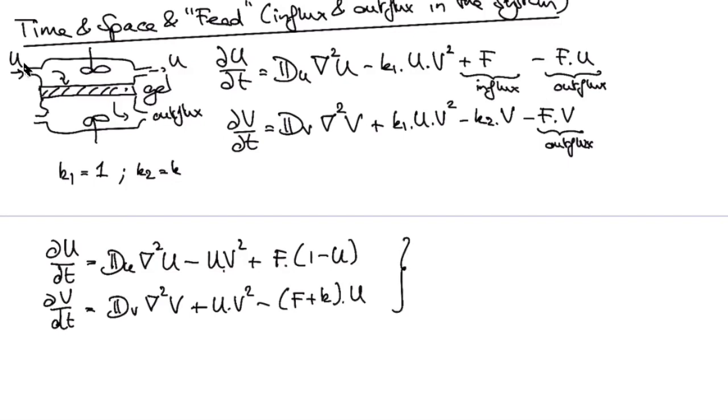This is the most famous notation of the Gray-Scott model.